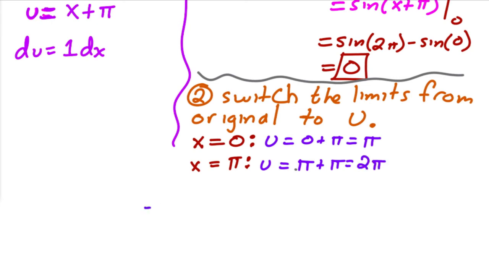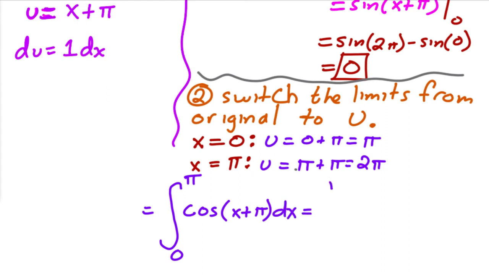So then your original problem, from 0 to pi of cosine of x plus pi dx, that was our original problem, you turn it into going from the new limits of integration, from pi to 2 pi of cosine of u du.